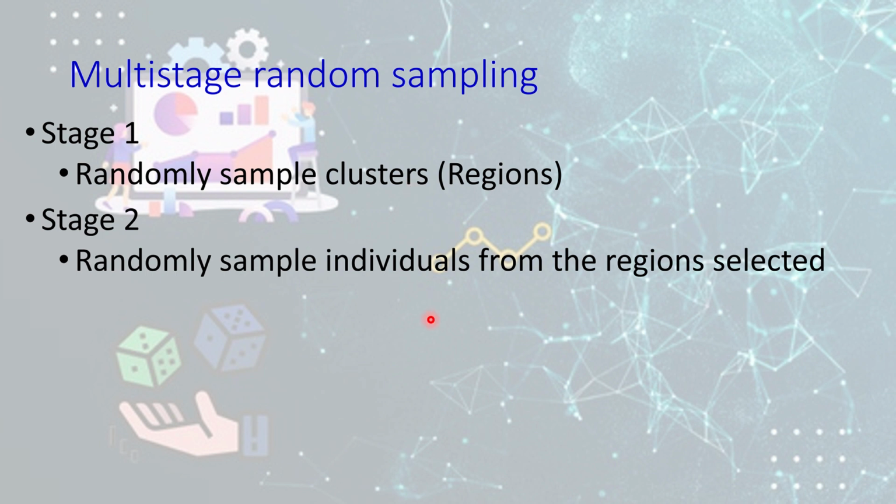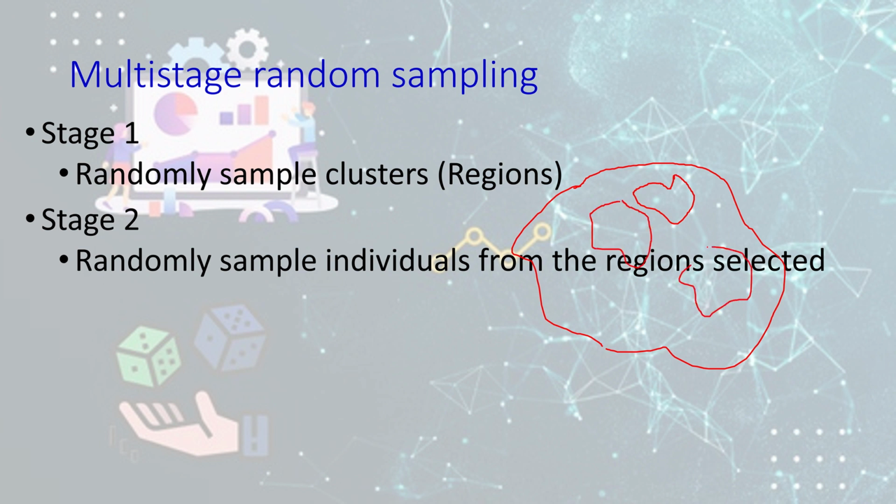Let's suppose we have a population like this one. This is my total population. So we have a cluster in there, this is one cluster, this is another cluster, this is another cluster, this is another cluster.